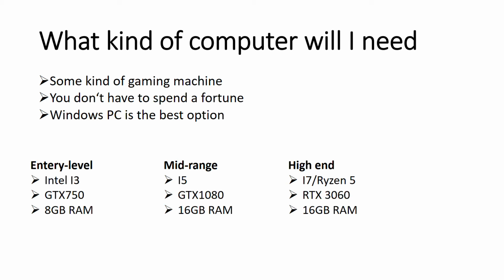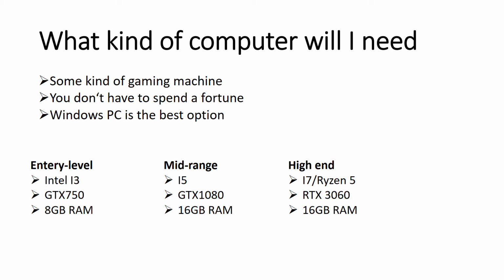Now, mid-range: i5, GTX 1080 and 16 gigs of RAM. This is the machine that will be able to play any simulator, including the new Microsoft Flight Simulator. Maybe not on the highest settings, but still. If you want to go a bit higher than this, then you have the i7/Ryzen 5 option and the newest RTX series cards and at least 16 gigs of RAM, but 32 would be ideal.